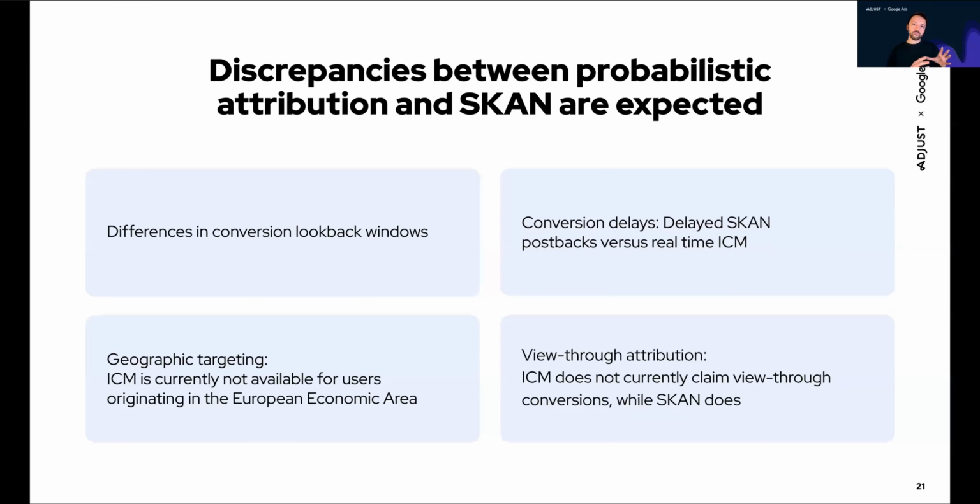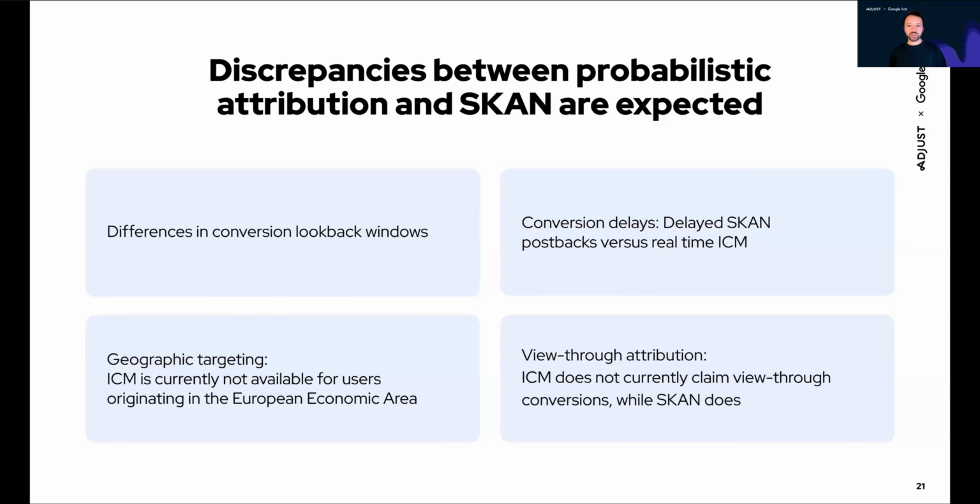We listed four common reasons why those discrepancies are normal. The first one is the different attribution lookback windows. SCAN windows are fixed, while probabilistic reporting may use different windows depending on the implementation and rules.